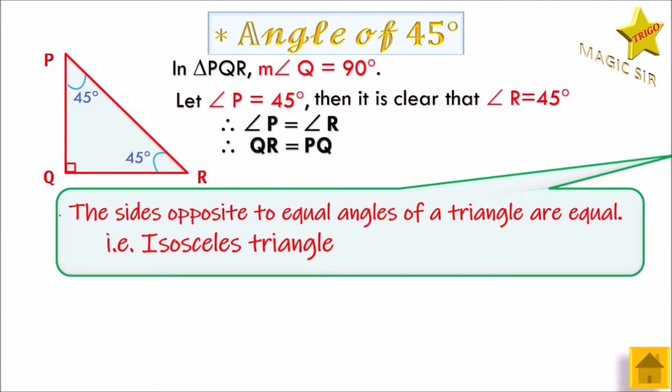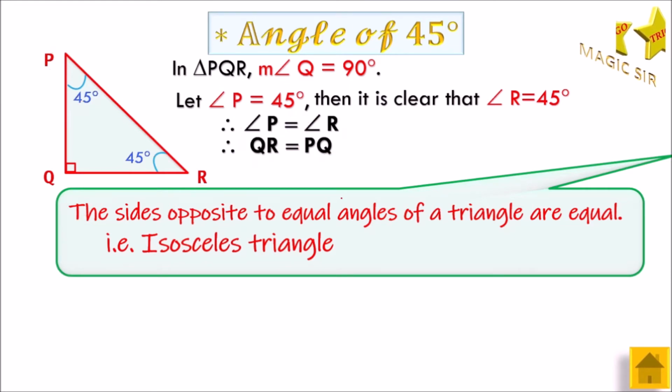The side opposite to angle P is QR and the side opposite to angle R is PQ.